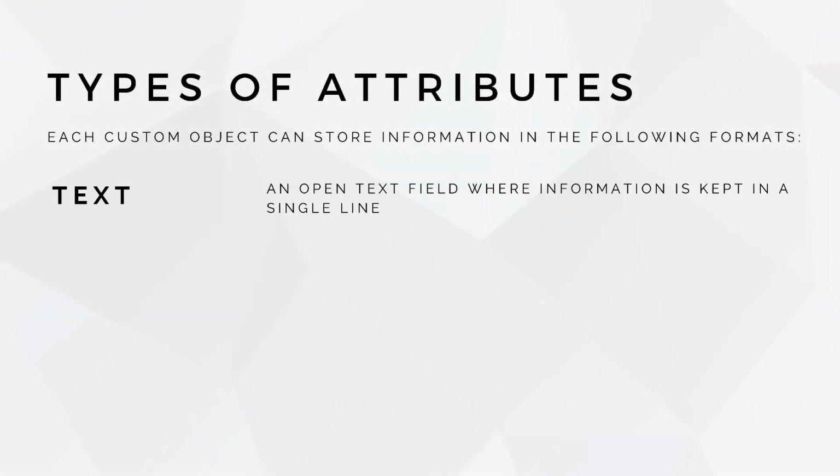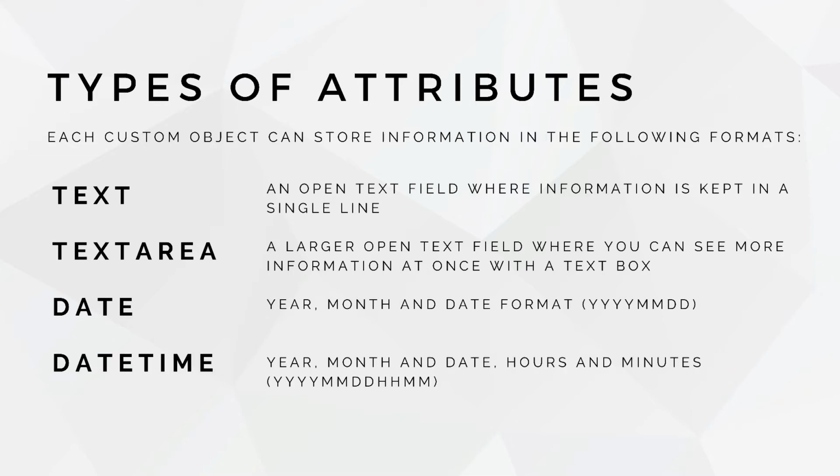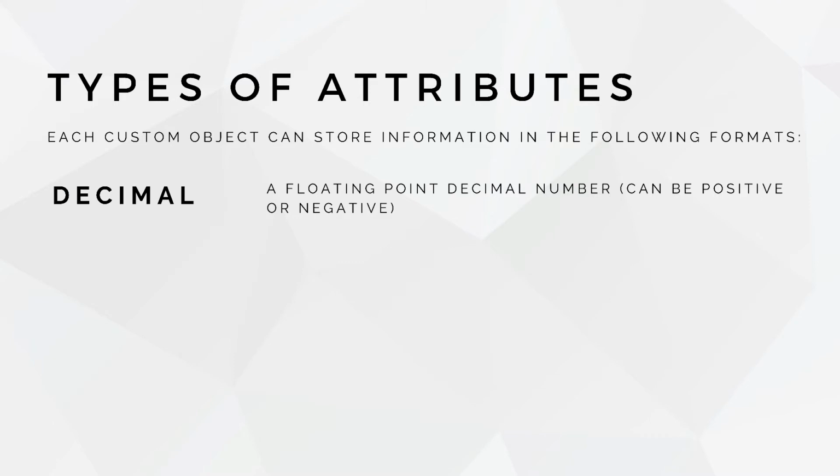For example, you have the text option, which is an open text field where information is kept in a single line. You can expand this text field using the text area, which gives you a larger text box. You can use a date format as well as a date time to include hours and minutes. You can store integers, which can be positive or negative values, as well as use decimals within your attributes.